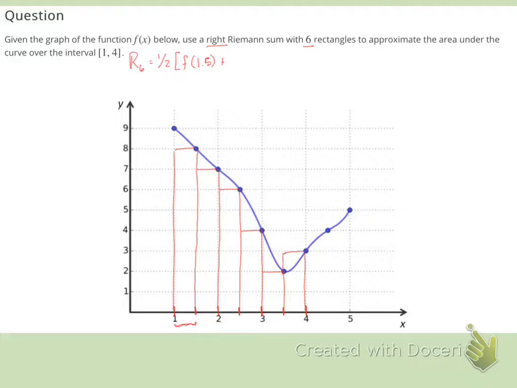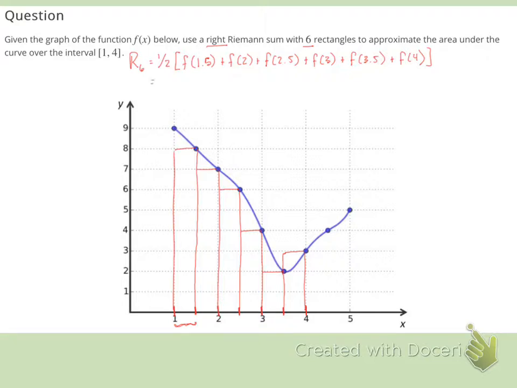So the next rectangles, I'll be finding the height at f of 2, f of 2.5, f of 3, f of 3.5, and then f of 4. And we can see that we have 1, 2, 3, 4, 5, 6 rectangles.